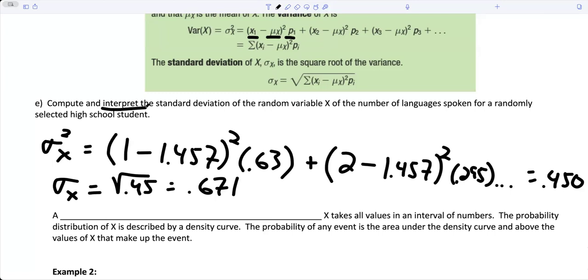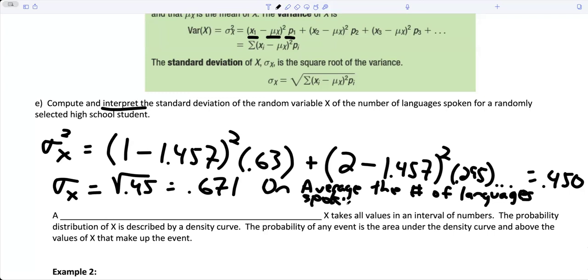So I would say on average, the number of languages spoken varies about 0.671 from the mean.